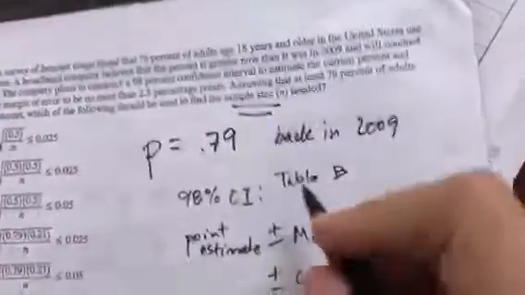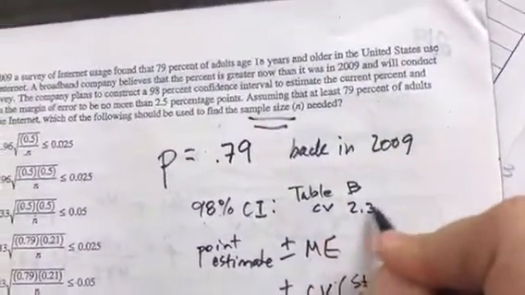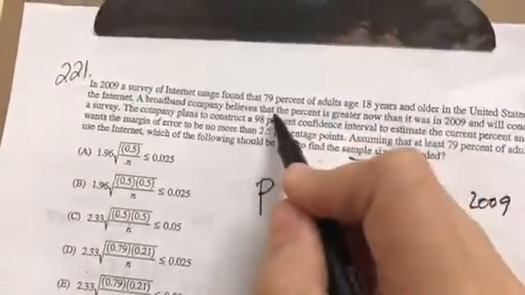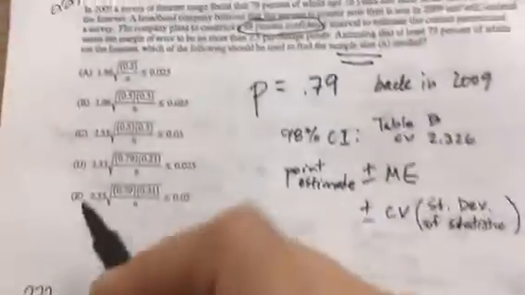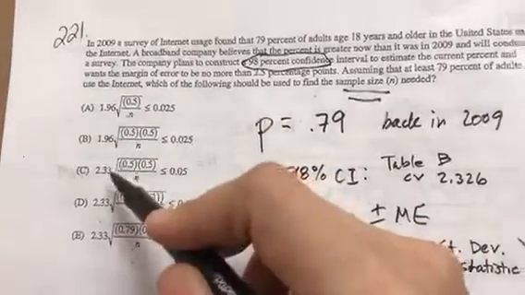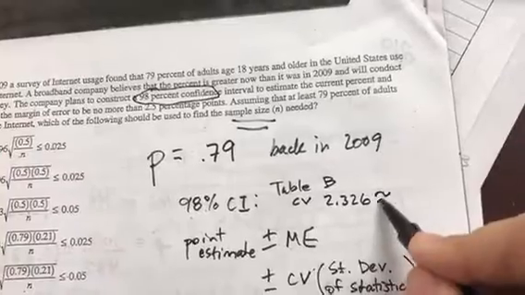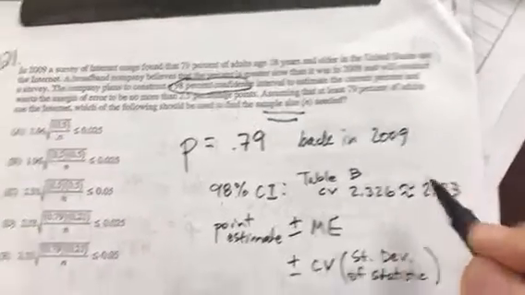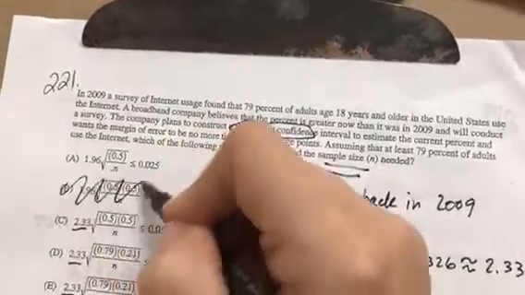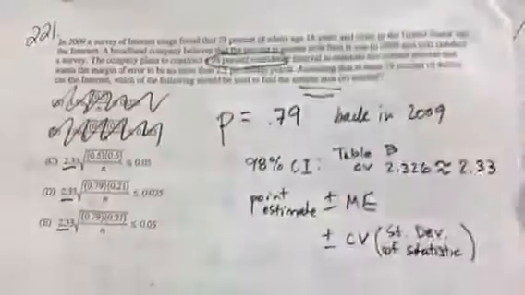So our critical value is 2.326 because we've been asked to do a 98% confidence. So glancing through here, we notice that this would round to 2.33, and so the confidence intervals here are the only ones that match. So I'm going to go ahead and eliminate these two.